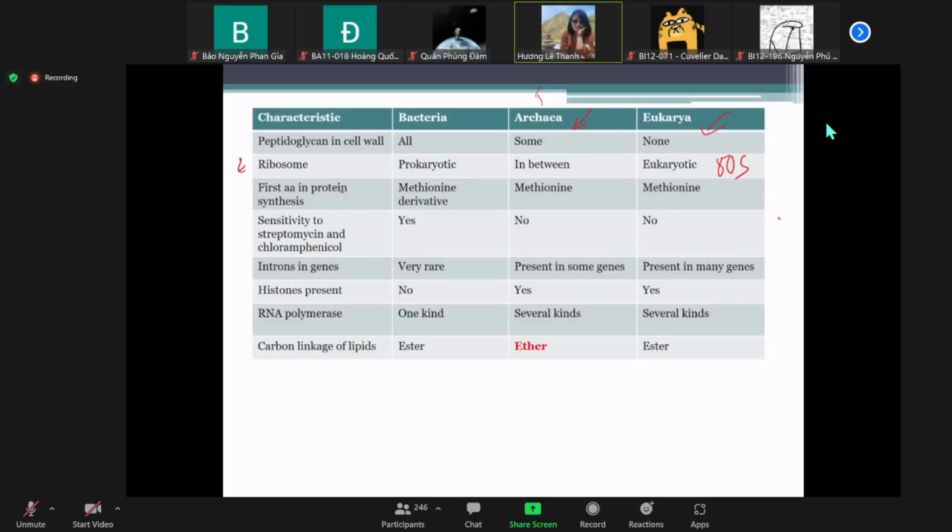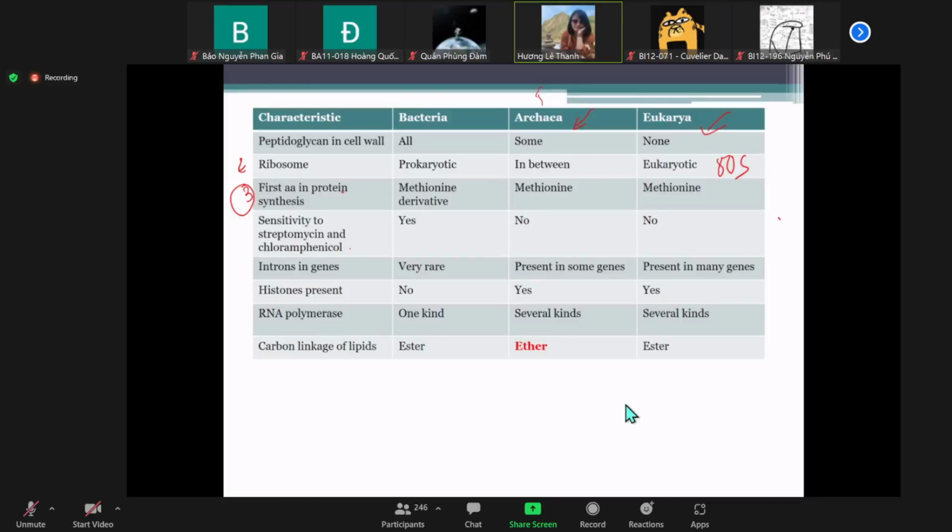Archaea share information in between bacteria and eukaryotes. Sometimes they have the characteristic of the bacterial ribosome, and sometimes some strains have the characteristic of the eukaryotic ribosome.